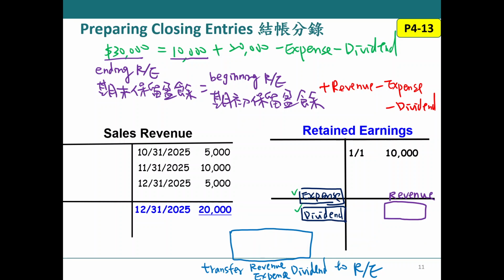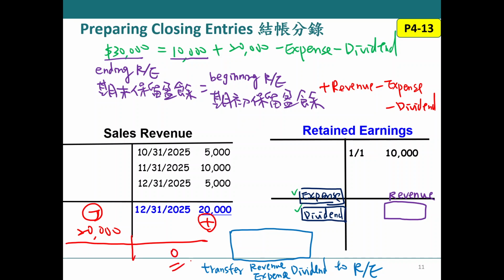Because I have $20,000 here. If I put the same amount on the opposite side, so it means what? Here is plus, here is minus, right? So when I have plus right here, I have a minus right here, that means what? Become zero.